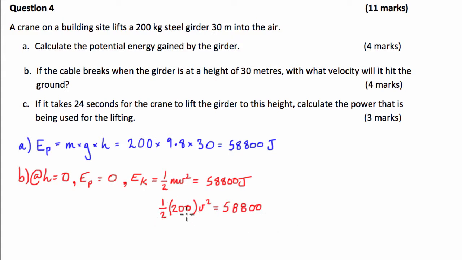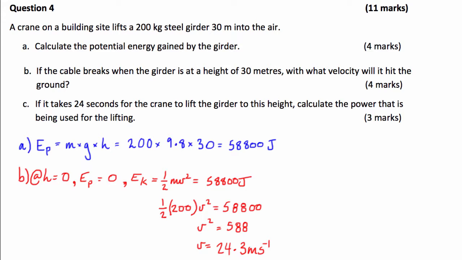A half times 200 is 100. If we divide both sides by 100, we get V squared is equal to 588. So V is equal to the square root of 588, which is 24.3 meters per second.